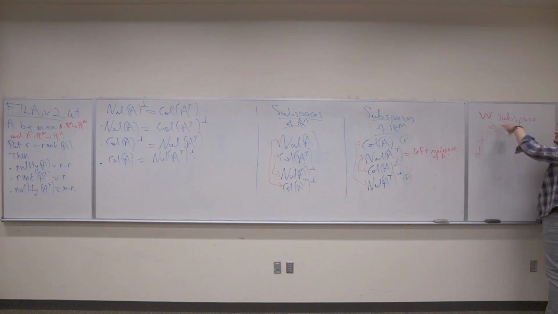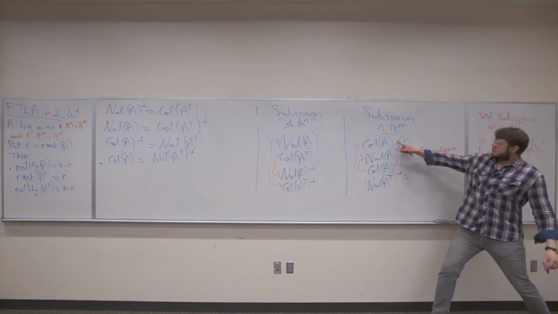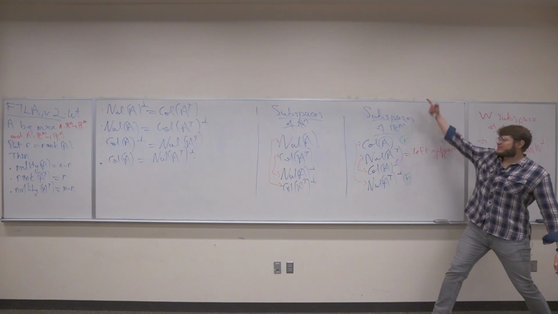If you have a subspace W of V, then dim of W plus dim of W perp is going to be dim of V. So the dim of Rm is M, of course.